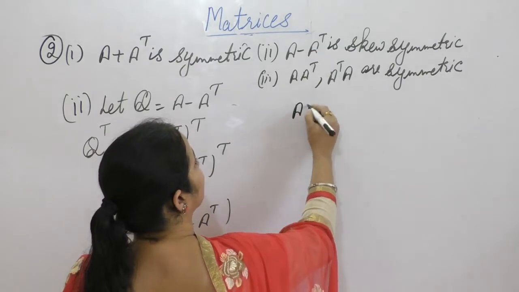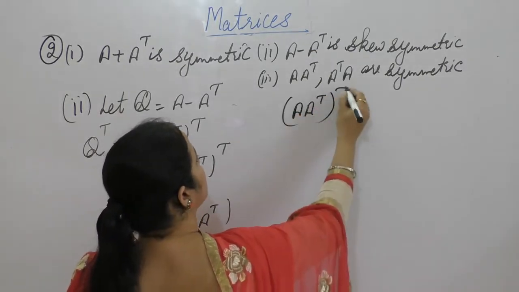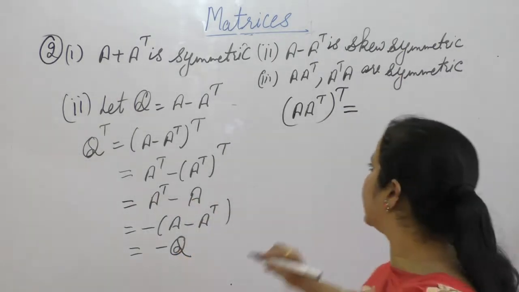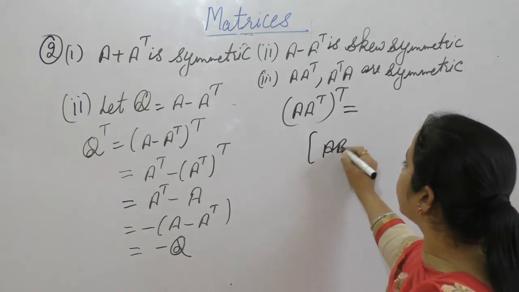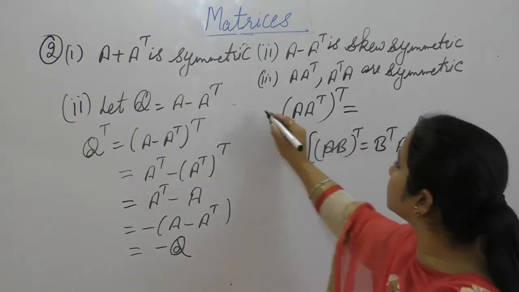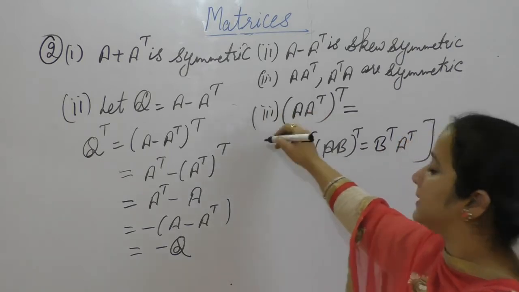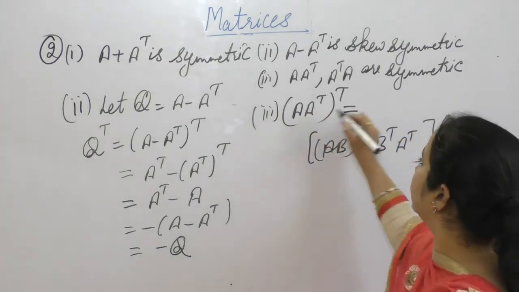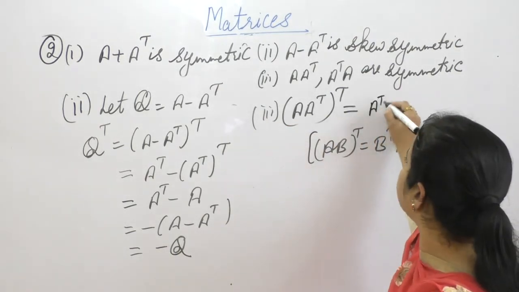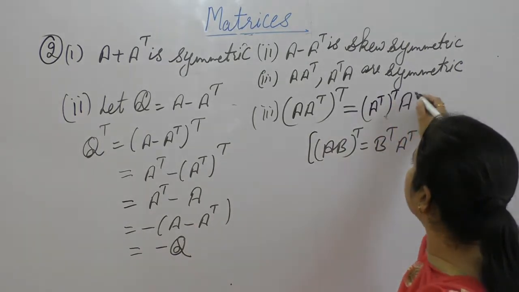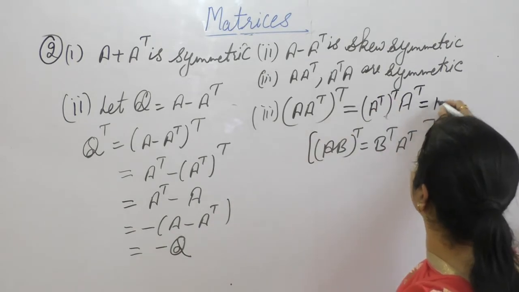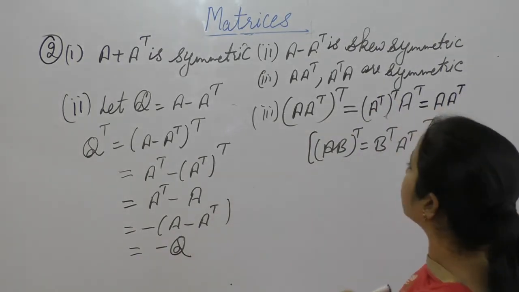Now the third part: A into A transpose, transpose. We know the property of the transpose: A B transpose is equal to B transpose A transpose. Use this property here. B transpose, what is B here? A transpose. So A transpose transpose into A transpose, and A transpose transpose is equal to A, so A into A transpose.